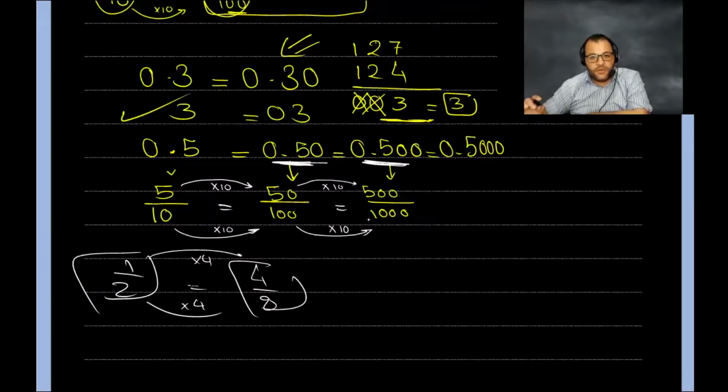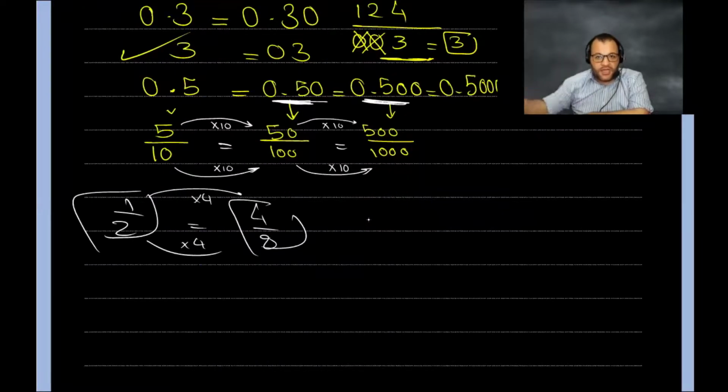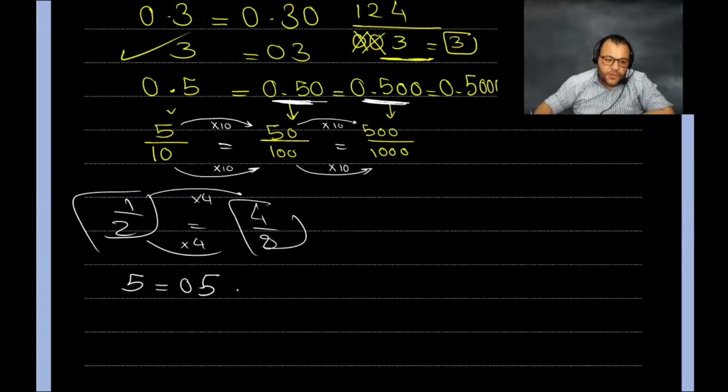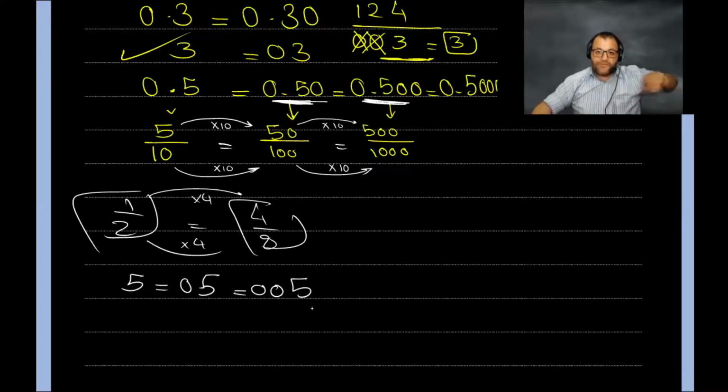You understand it now? From that, we can say that if you add any zero at the right of the decimal, it will be the same. Like 5 is the same as 0.5, the same as 0.05. After subtraction, you can find 2 zeros at the left, so you ignore them and say the answer is 5. Or you can find 3 zeros at the left, you ignore them, and you say the answer equals 5.